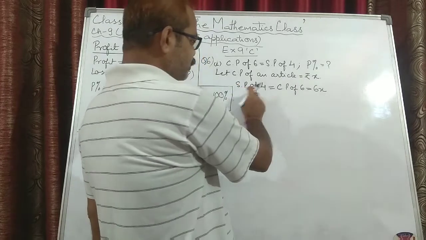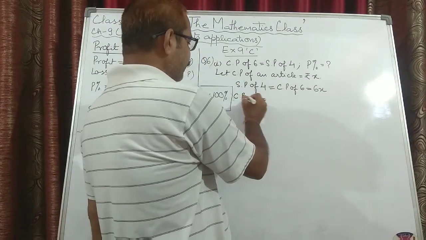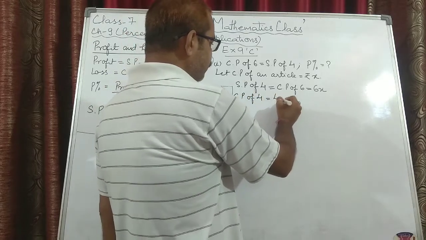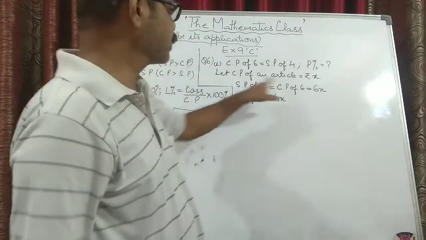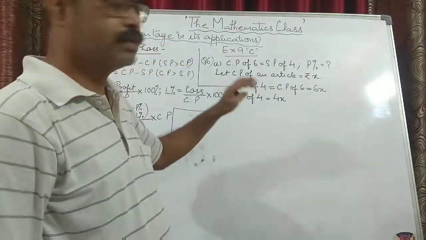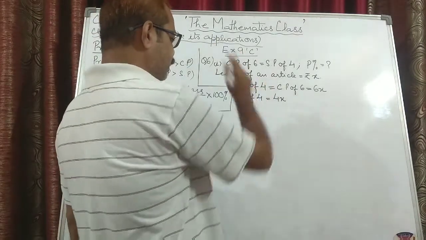Now the selling price of 4 is 6X, so what will the cost price of 4 articles be? 4X only. Why 4X? Because the cost price of one article is X, so for 4 it will be 4X. This we added from our side. Now we will calculate on 4 articles only.